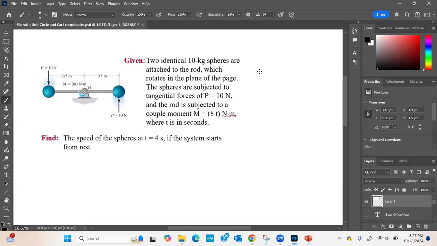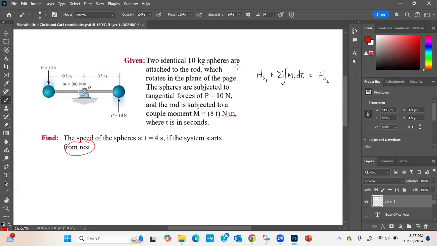Now we've got our equation. We had H naught plus the sum of all of those moments acting on the system will equal our final angular momentum. So note that the system starts from rest.